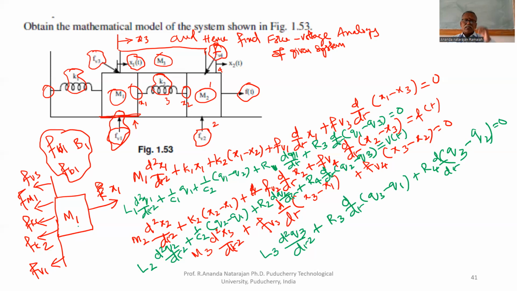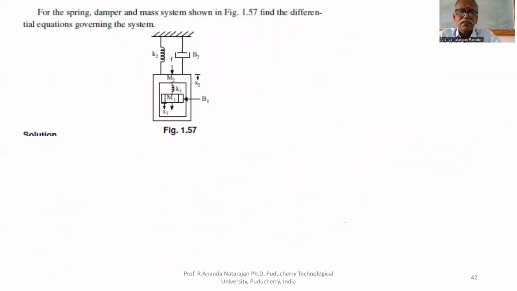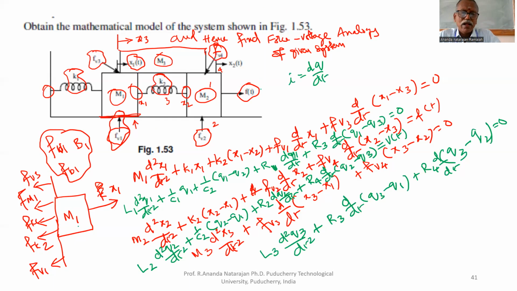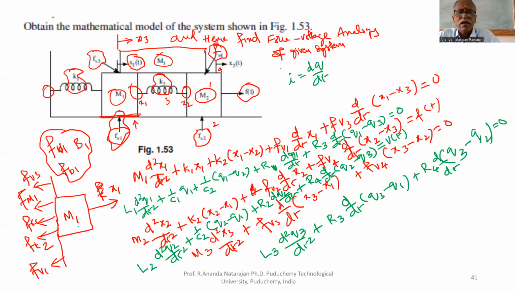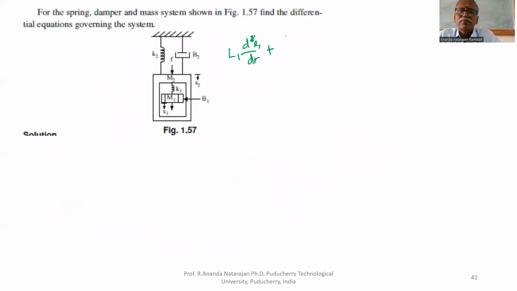Now we can write all these equations in terms of current. We wrote in terms of charge. We know that i equals dq by dt. Replace in terms of current. What will you get? The first equation is L1 di1 by dt plus 1 by C1 q. i equals dq by dt, therefore q equals the integral of i dt.